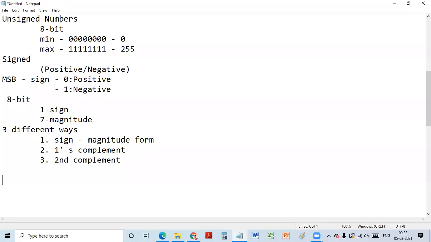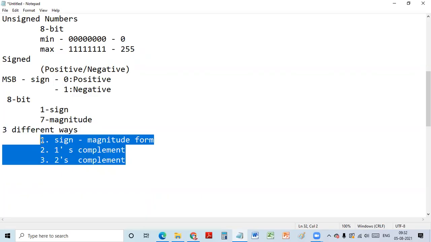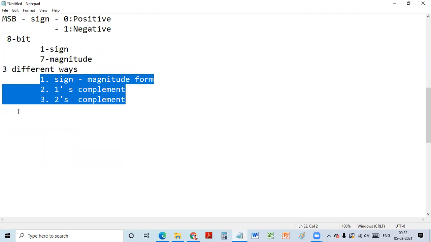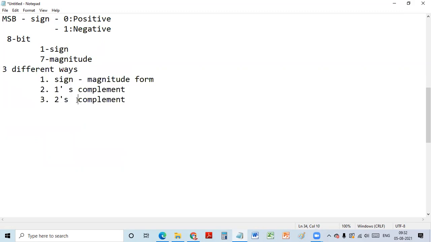Next, the 2's complement: after calculating the 1's complement, you add 1 to the LSB, that is, add 1 to the result, to obtain its 2's complement value. So there are 3 possible ways available for representing a negative number. Out of these 3, you need to go with the best one. So which is the best one out of these 3?